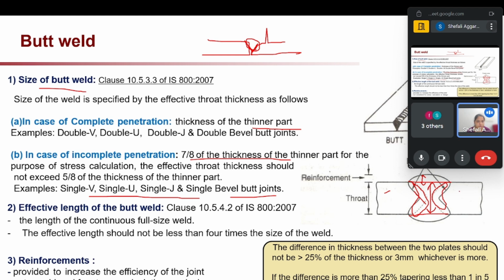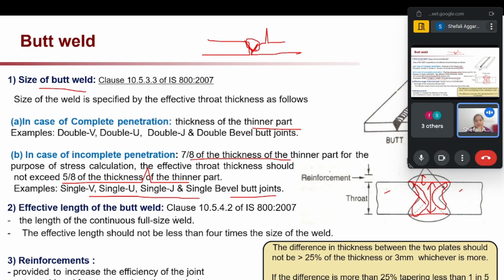Whichever of the two plates is thinner, that thinner part is used. And it should be minimum 5/8 of thickness. Maximum is 7/8, and for the purpose of stress calculation we will take 7/8, while for the size of butt weld normally we take 5/8 of the thickness of the thinner part. So this is the first thing, size of butt weld.